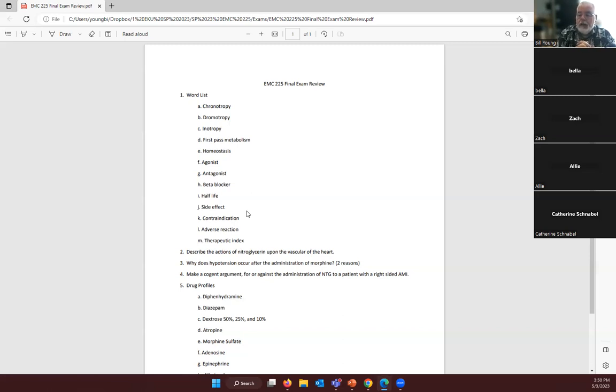Very good. Catherine, tell me what the therapeutic index means. Isn't that from when a drug has like the bad side effects to... I don't know how to word it exactly. Okay, Bella, can you help her out?